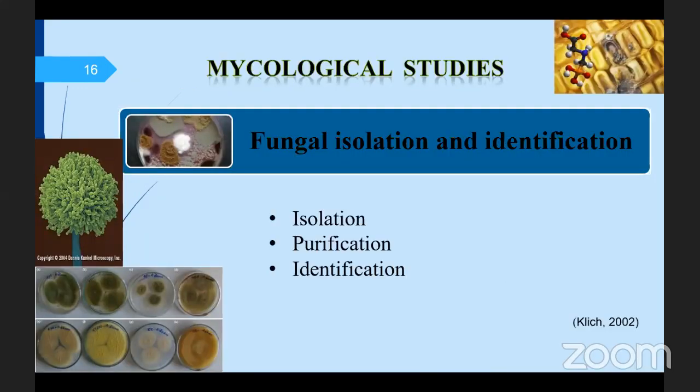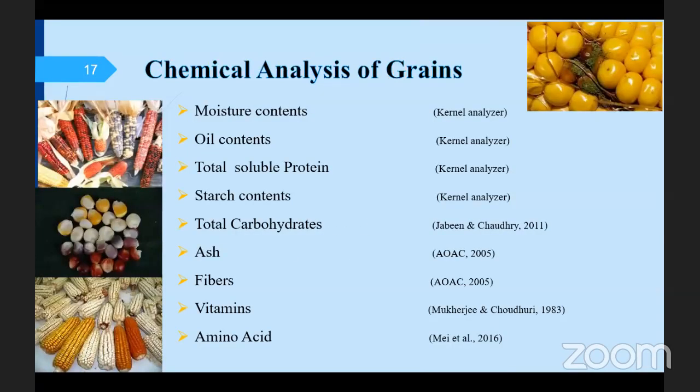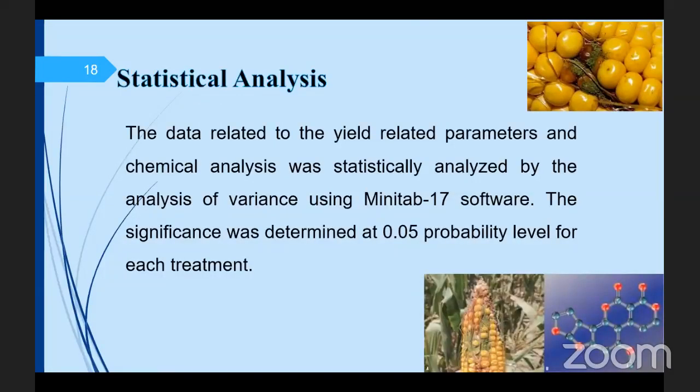Mycological studies were also done to confirm the presence of Aspergillus flavus in the grains. Chemical analysis of the grains included moisture content, oil content, total soluble proteins, starch, total carbohydrates, ash, fibers, vitamins, and amino acids.